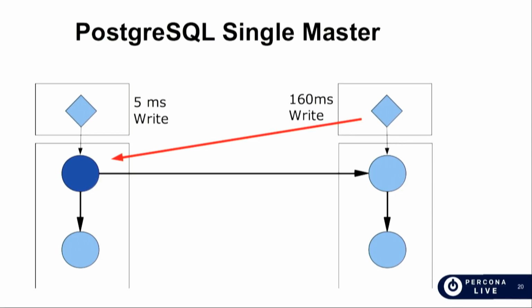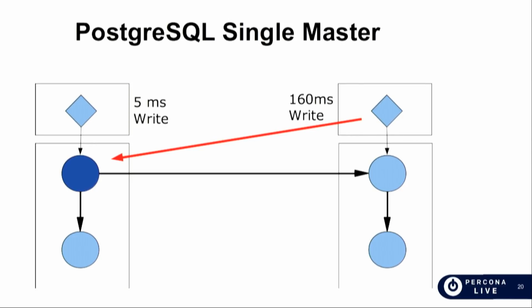So if you've got an application server on the East Coast and it's accessing a database on the West Coast, then the time for that write is going to be really significantly different. So the latency of that request is significantly higher than if it were making a write to a local database.